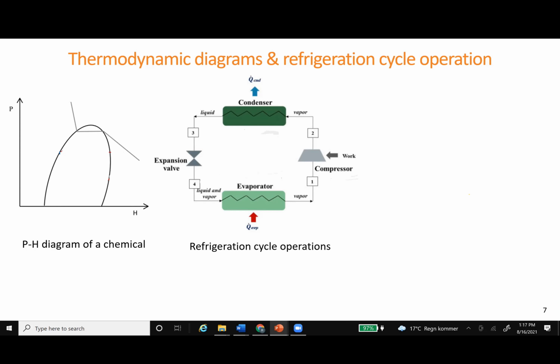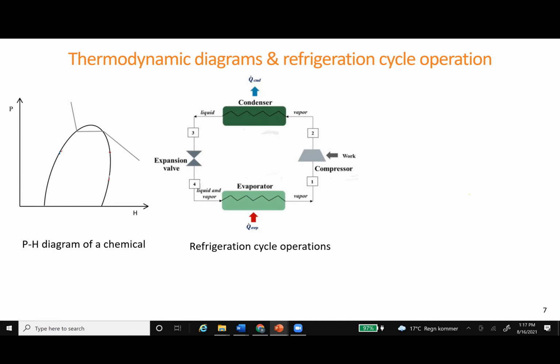And then it passes through the compressor to increase the pressure. And then it becomes vapor just at its dew point. And then it goes through the condenser and becomes liquid at the bubble point. And then we have the liquid and we continue the cycle.